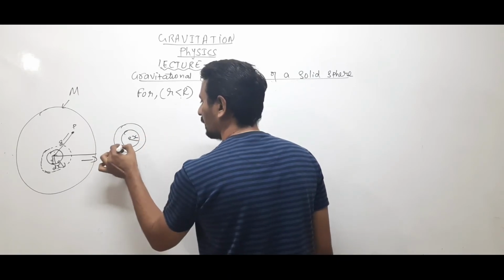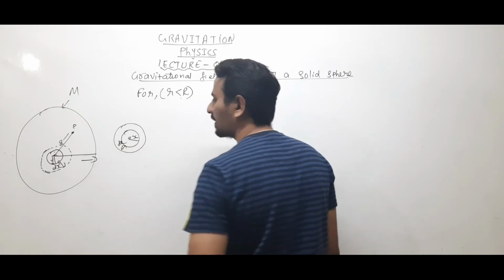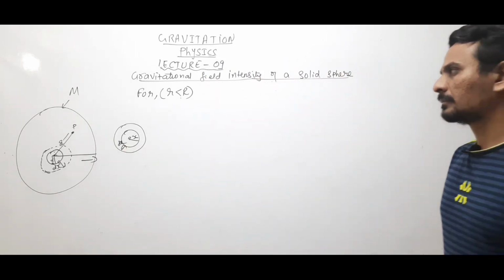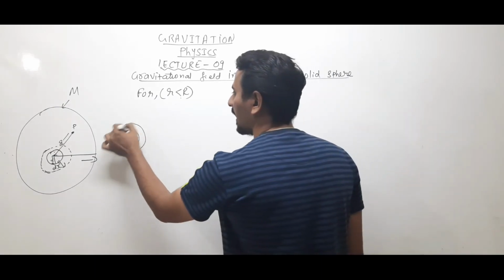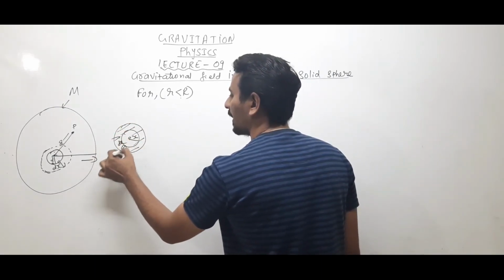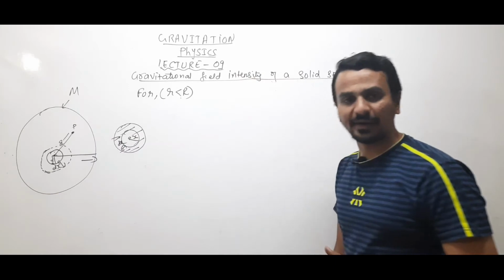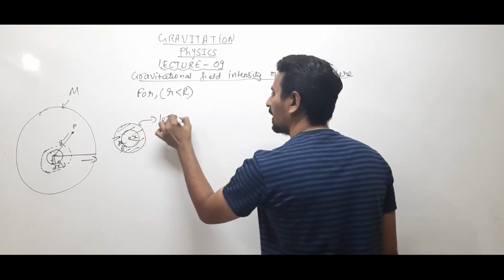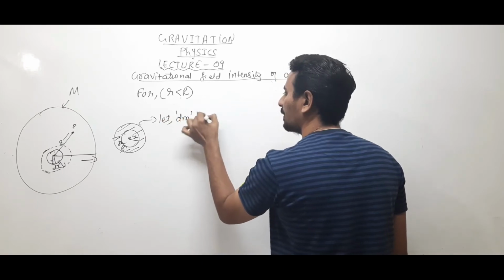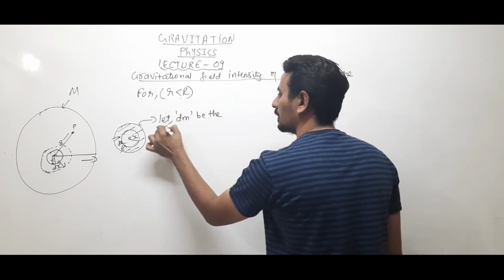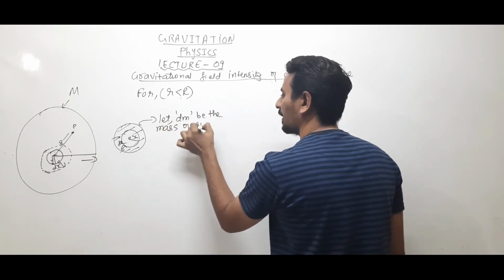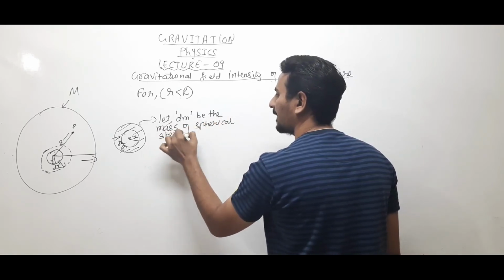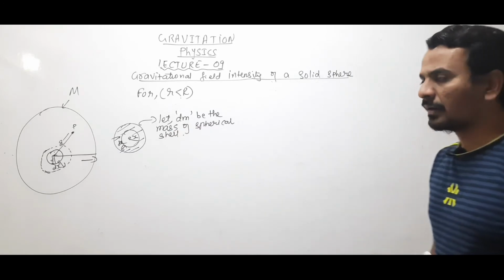Let dm be the mass of the spherical shell of radius x and thickness dx.